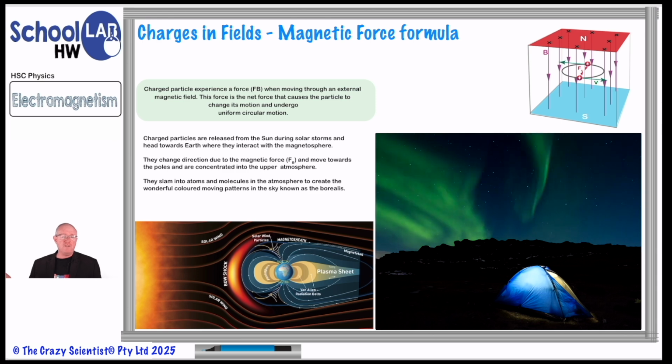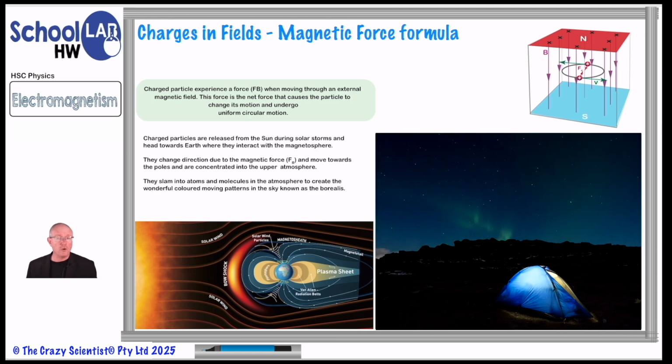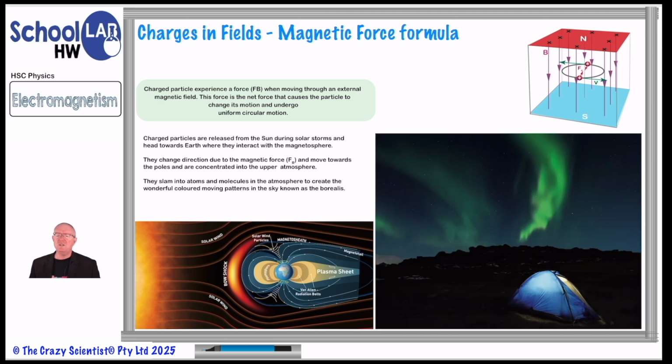And of course you can see the video playing below of the Aurora Borealis, and that is one application of charged particles interacting with the magnetic field. If you remember from the last video, we said that when a particle enters a field at not 90 degrees, it can undergo circular motion. Well, with the Aurora Borealis, that's sort of what's going on.